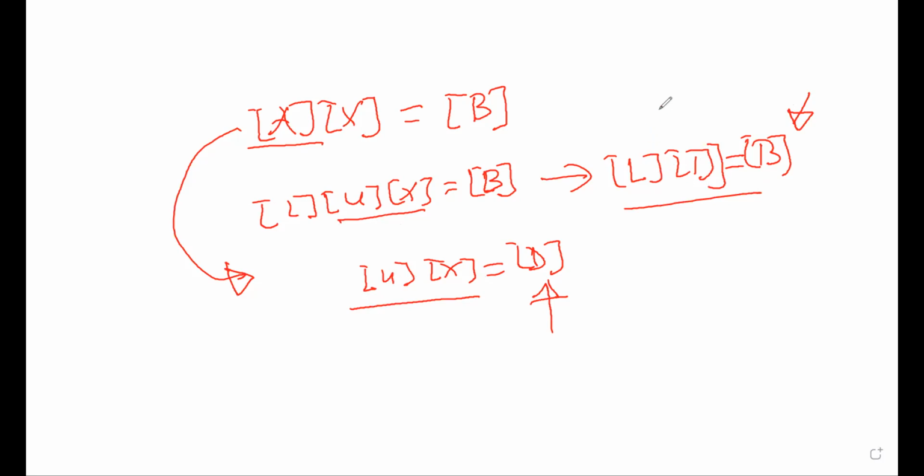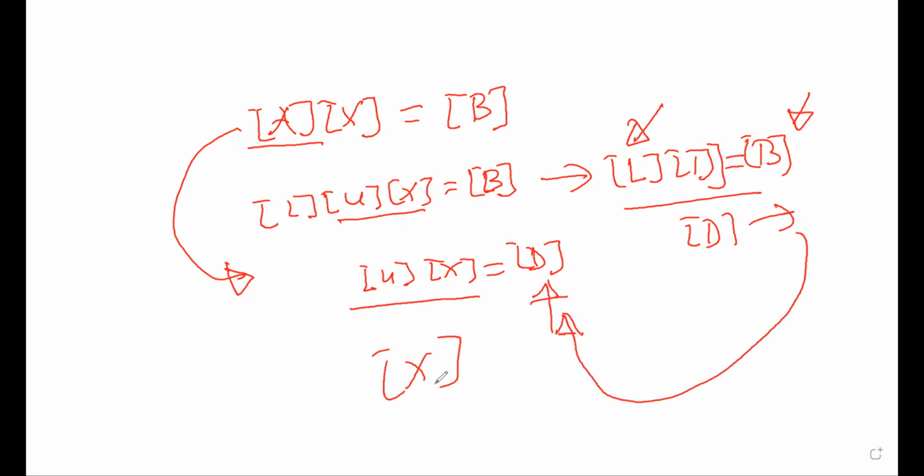Then your L is already with you by decomposing your matrix A. Then you can solve for D. Your D will be available from this equation. Once your D is there, then you can use it here to solve for X. That's it.